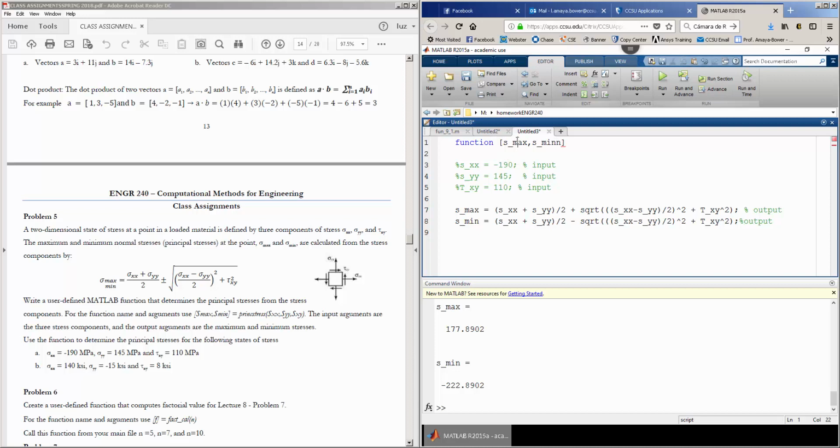I use these because these are how I wrote my function. And then the name of the function is going to be principal stress. And then my inputs are going to be s xx, s yy, and tau xy.